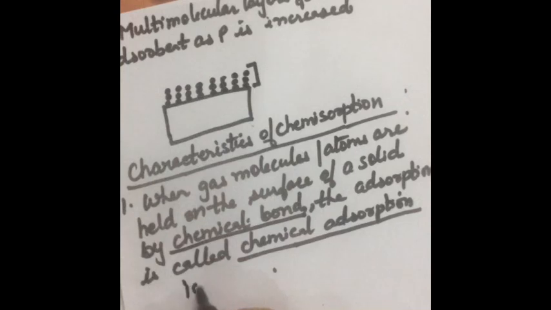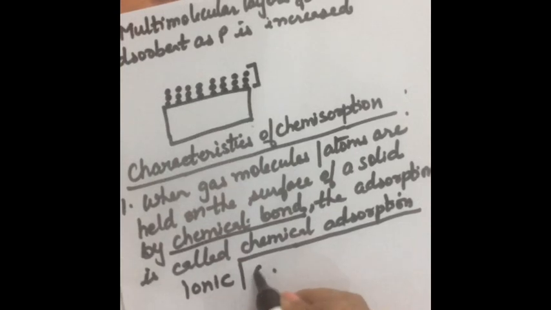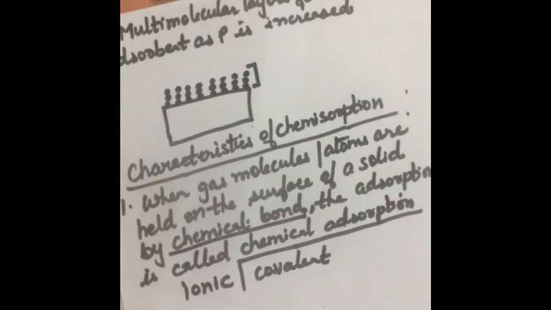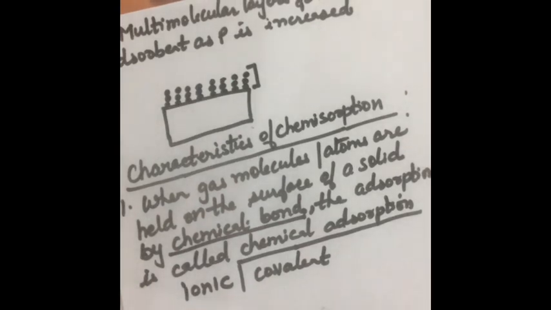This bond can be ionic or this bond can be covalent in nature. Since a bond is formed between adsorbate and adsorbent, that is why this is known as chemisorption.